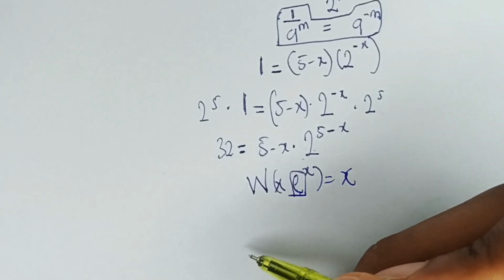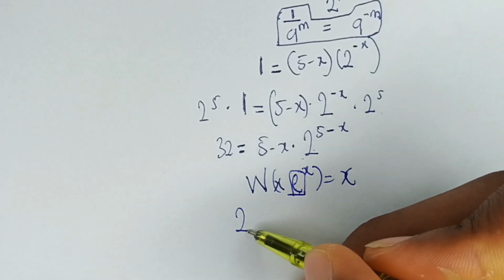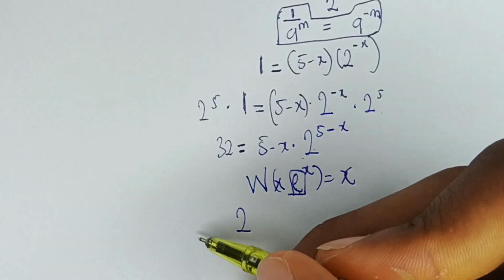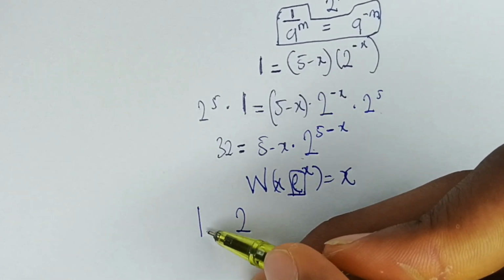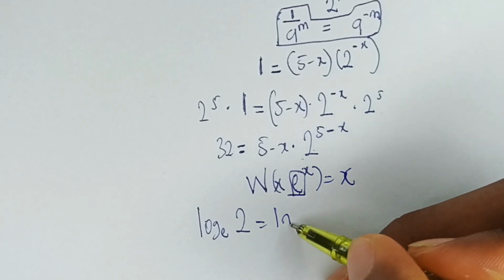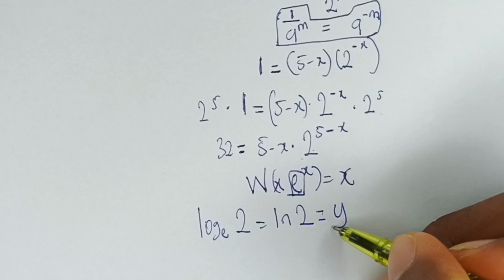Now let me show you something. If we have 2, and let's say we take the natural log of 2. So natural log of 2 will be log in base e of 2, which is equal to ln of 2. Now let's say that this natural log of 2 is equal to y.